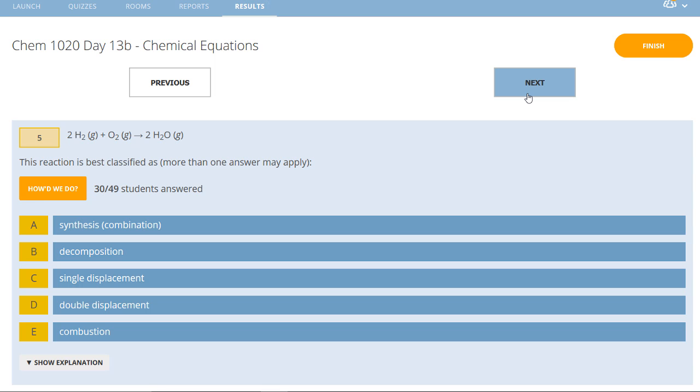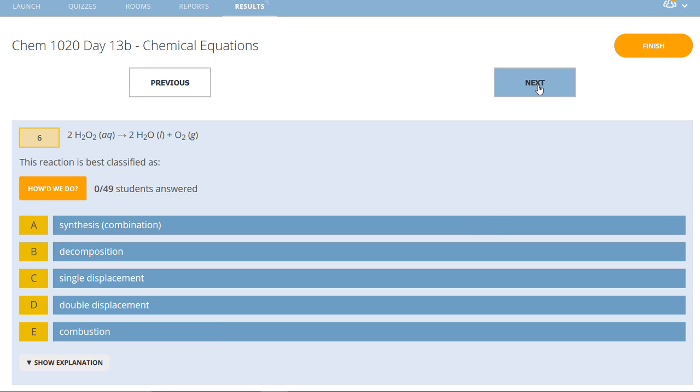We count down now. 5, 4, 3, 2, 1. It is a synthesis because we have 2 reactants and 1 product. It is also combustion because we are reacting hydrogen in the presence of oxygen. So if we burn something in the presence of oxygen or react in the presence of oxygen, that's going to be a combustion reaction. Good.